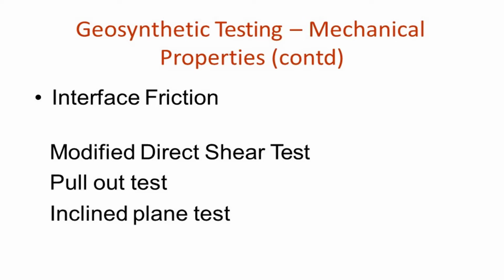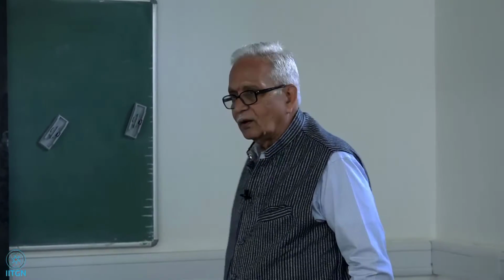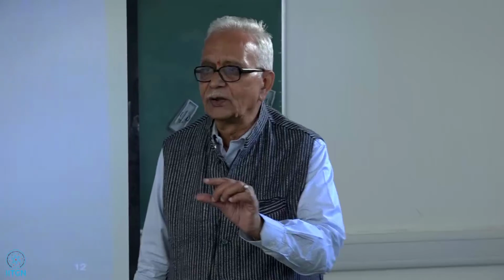These values will be definitely linked to our angle of shear resistance in normal soils. People don't do this normally, because they assume a factor from the angle of shear resistance for the soil itself. Anyway, this is a very easy test to do, and only for very large projects we have to do it. Then I've got the inclined plane. I also showed you a sample of GCL, geosynthetic clay liner, wherein bentonite is there.